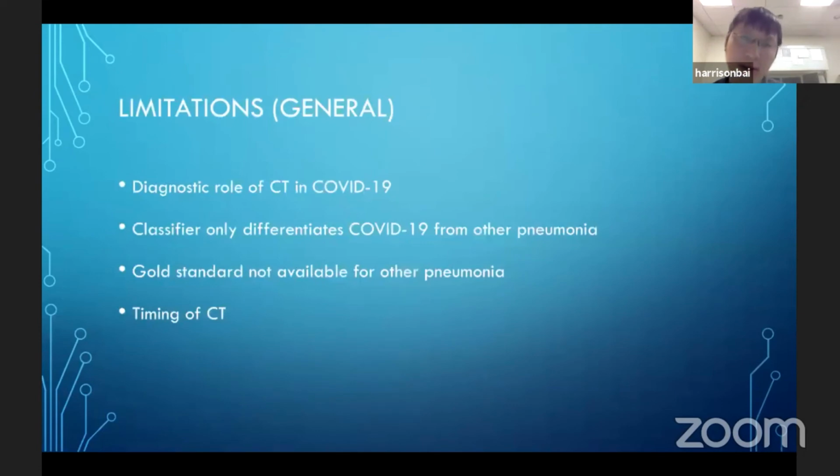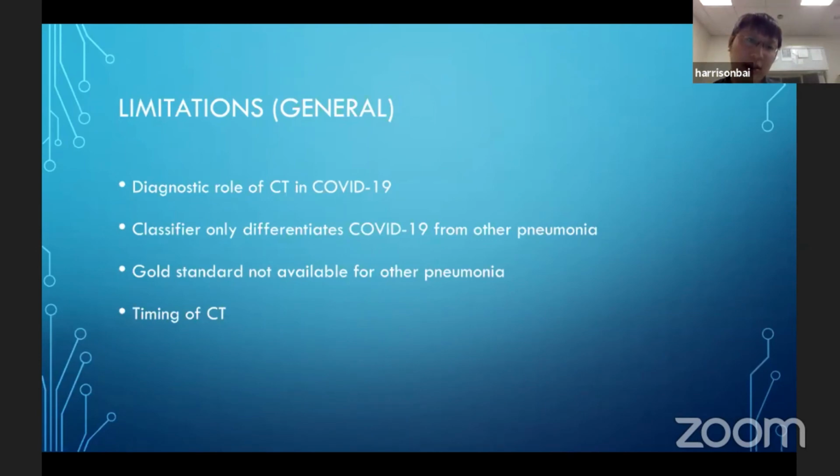So there are many limitations of our study, and I'm just going to discuss a couple here. First of all, in general, the diagnostic role of CT in COVID-19 is not very certain, especially in the United States, where it's definitely not considered the first line.